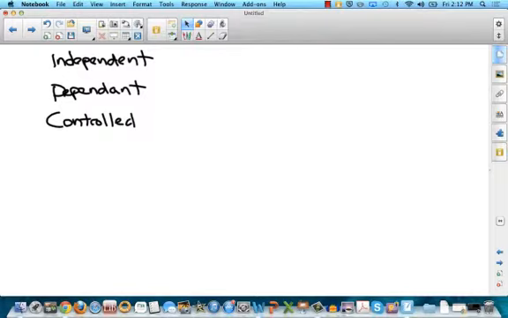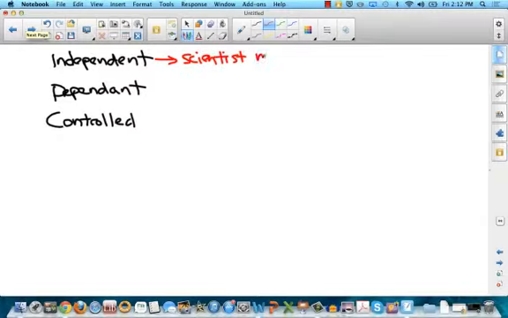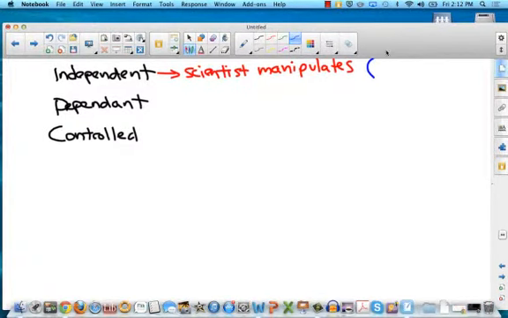Okay? Remember that the independent variable is what the scientist manipulates. Like when we were talking about the diet dog food, that would be giving the dogs the diet dog food.